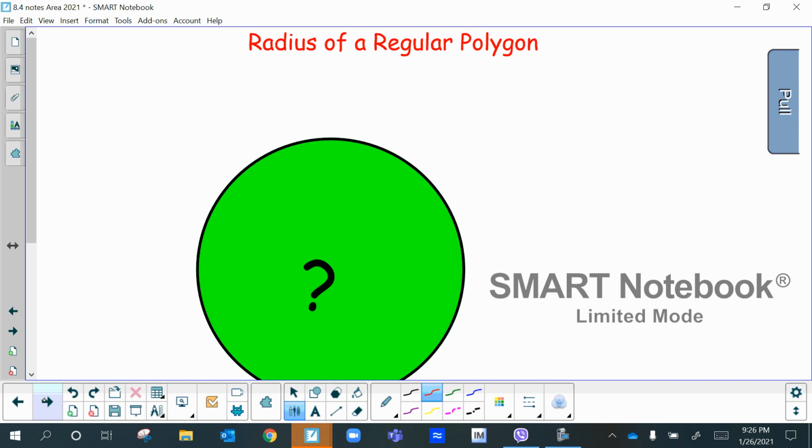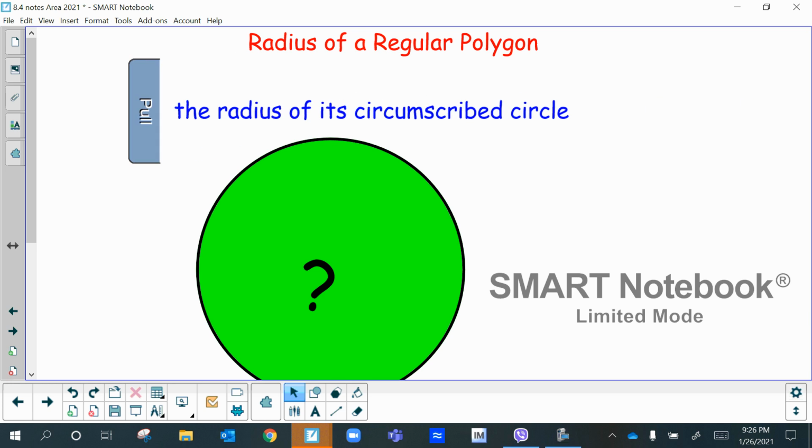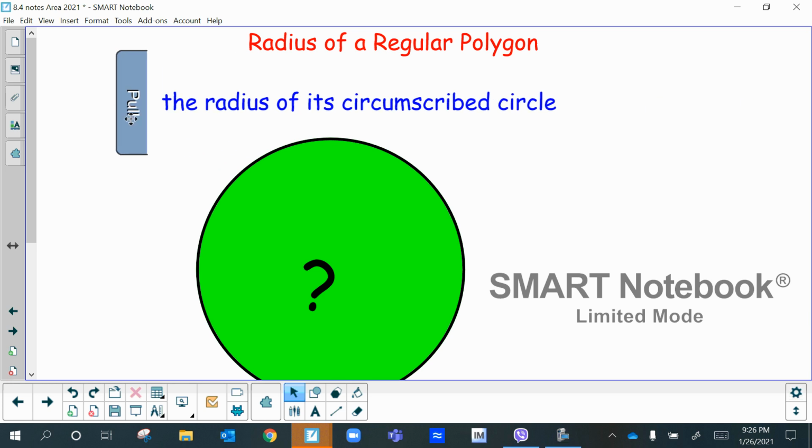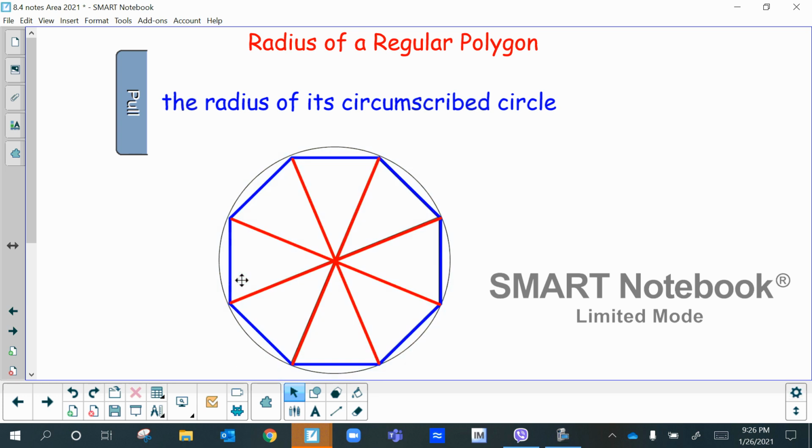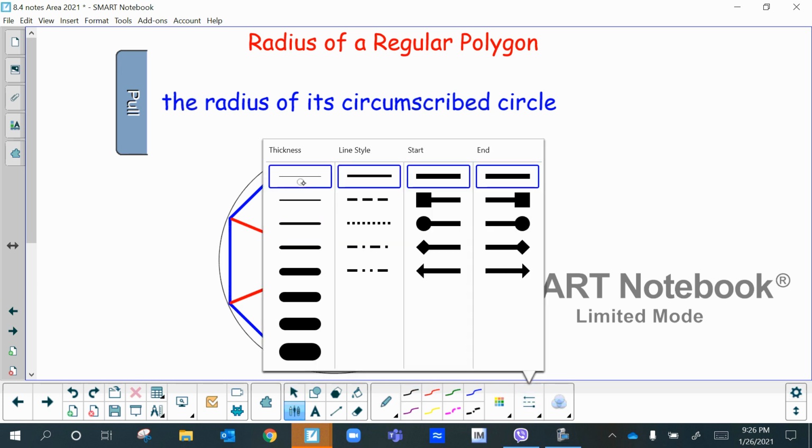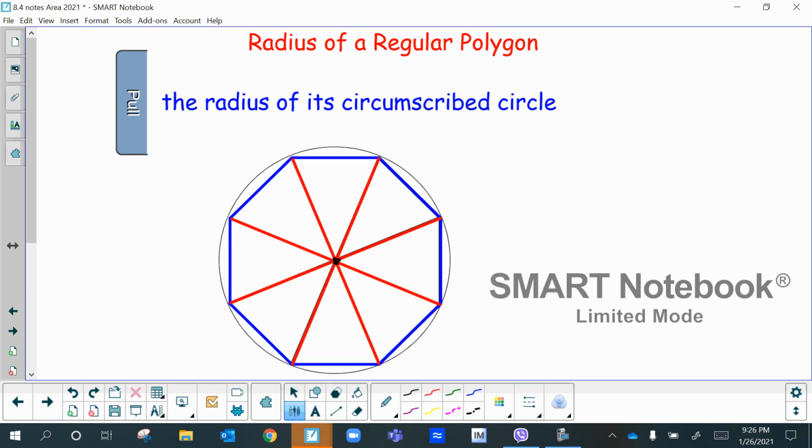There's going to be a radius that exists in a regular polygon. And some people are probably thinking, no, a radius only exists in a circle. Correct. If you think about the circumscribed circle about a polygon, all of these red segments are radii. Why? Because it goes from the center of the circle to a point on the circle.